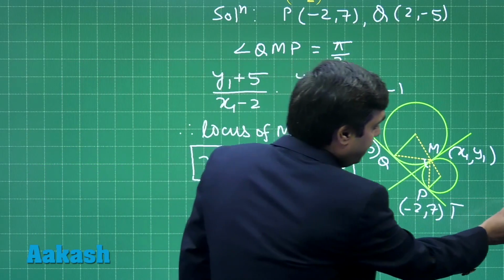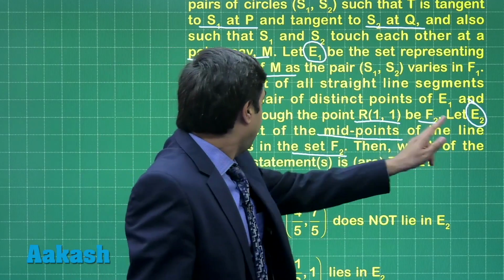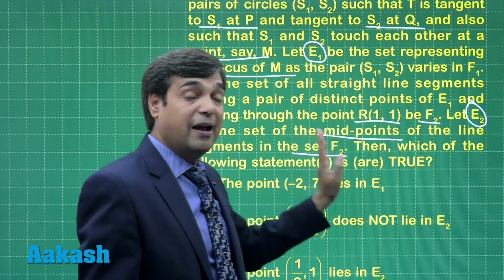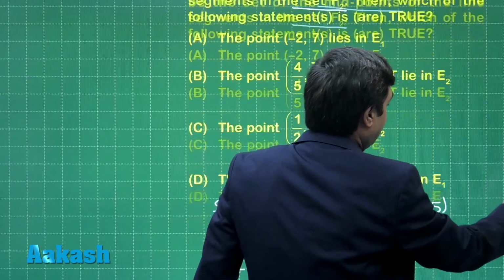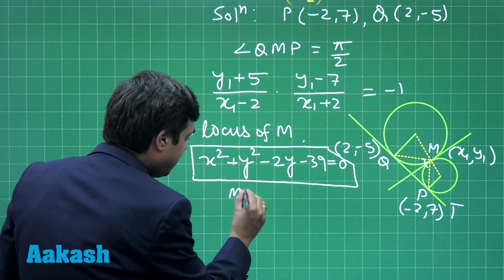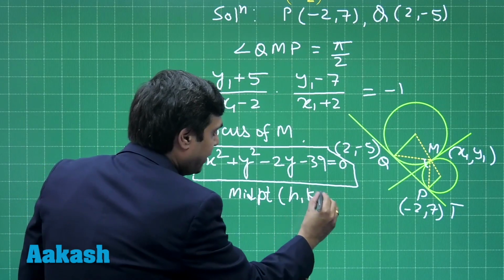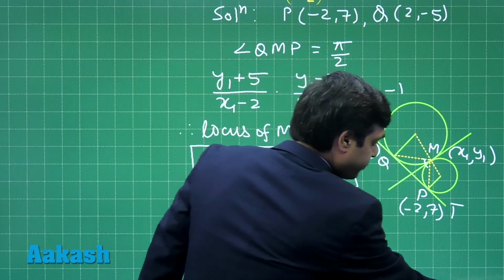Now, the question further says, let E2 be the set of midpoints of the line segments in set F2. Correct? So, let us consider the midpoint to be (h, k). We can find the equation of the chord whose midpoint is known to us.